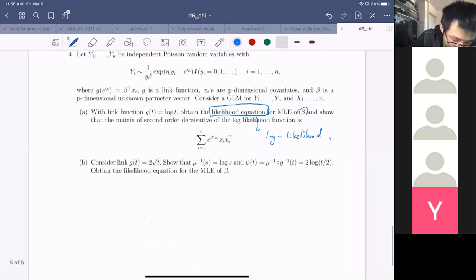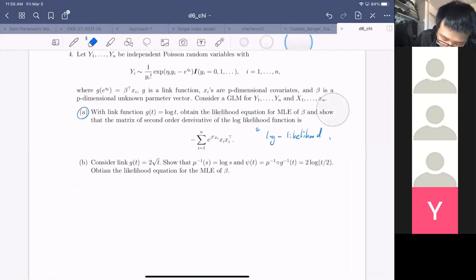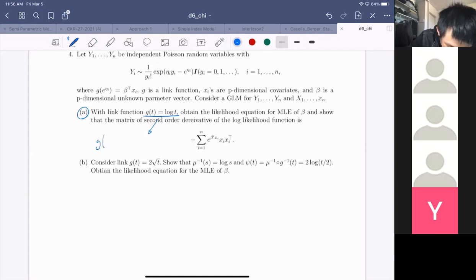Okay, so let's try to do question A. So we know g(t) is log t, so that means it's a canonical link, because g of exponential is equal to the identity.